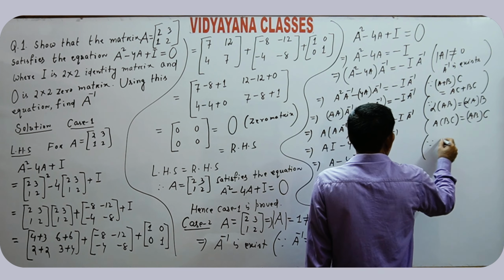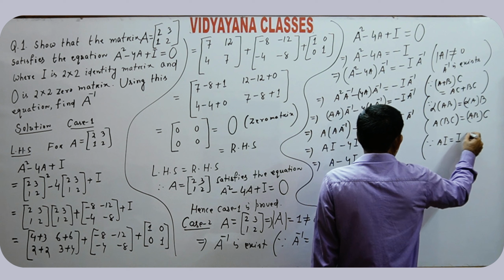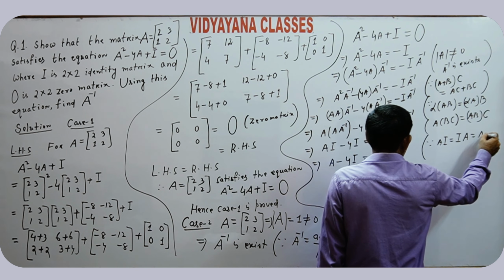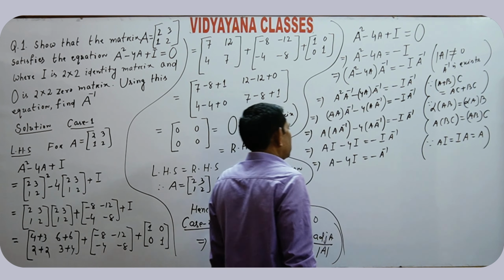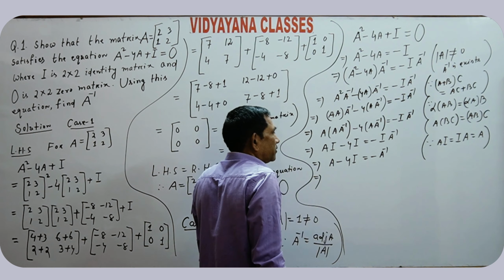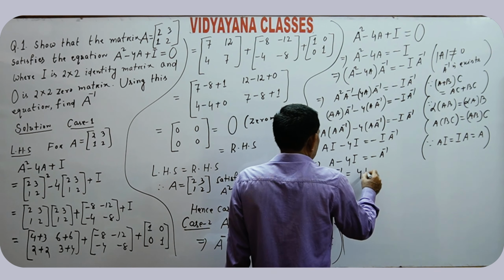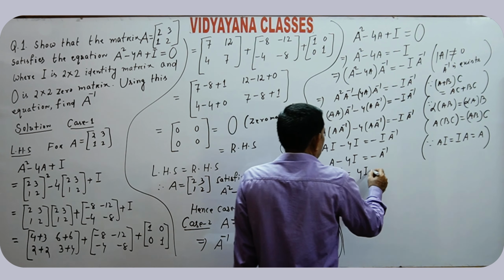Since A into I is the same as I into A is equal to A, which is the same as A inverse is equal to 4I minus A.